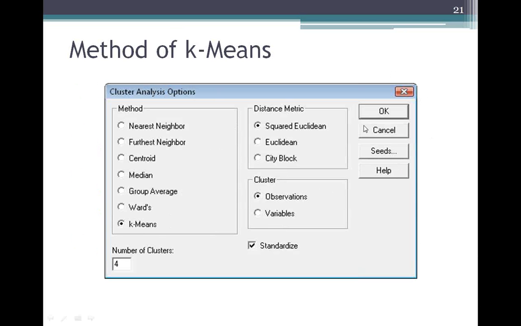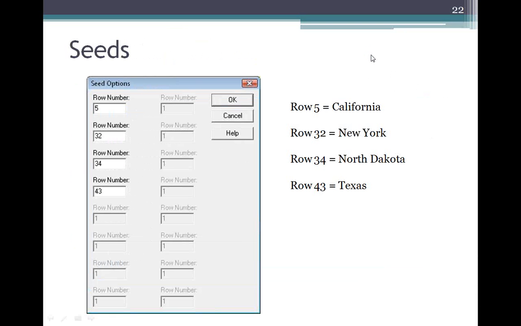And I decided when I did it, and as you'll see in the notes, to use California, New York, North Dakota, and Texas. They are geographically about as far apart as you can get, and in other ways they're quite different states as well. So that's row 5, row 32, row 34, and row 43.